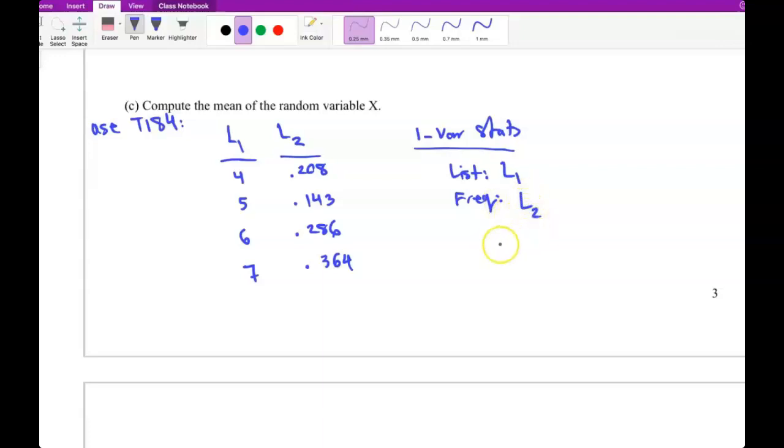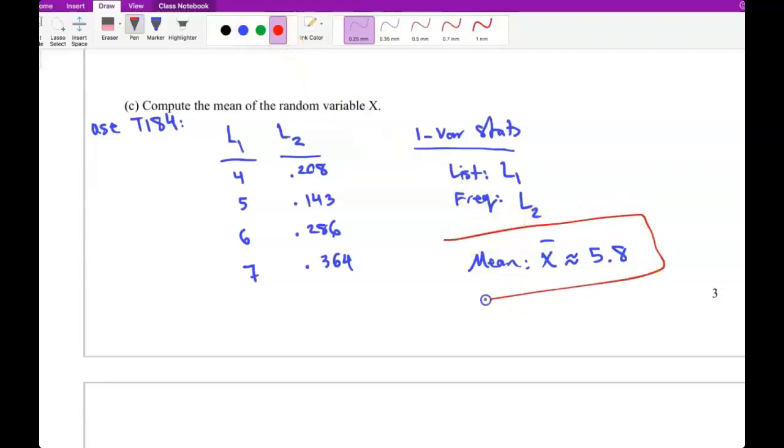So then press enter. The answer we got, mean, rounding it, we got 5.800, or we can write 5.8. So this was using calculator.